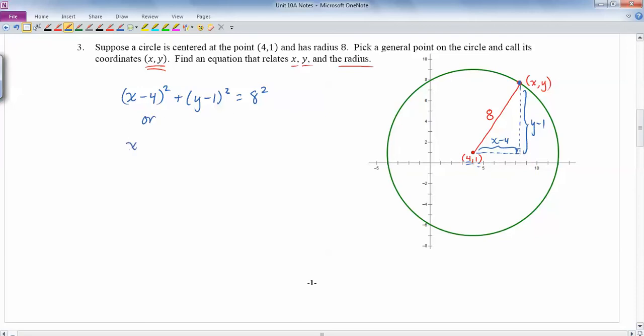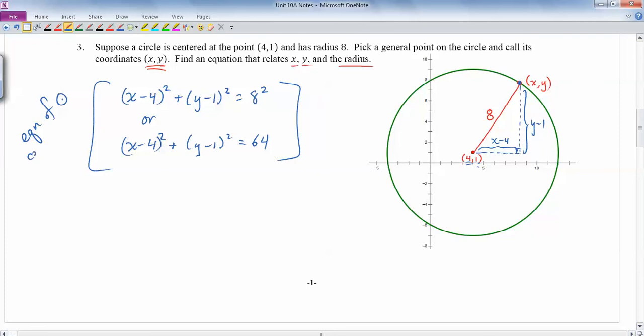So you could say x minus 4 squared plus y minus 1 squared equals 64. Okay, so this right here is the equation of a circle centered at 4, 1 with radius equaling 8.